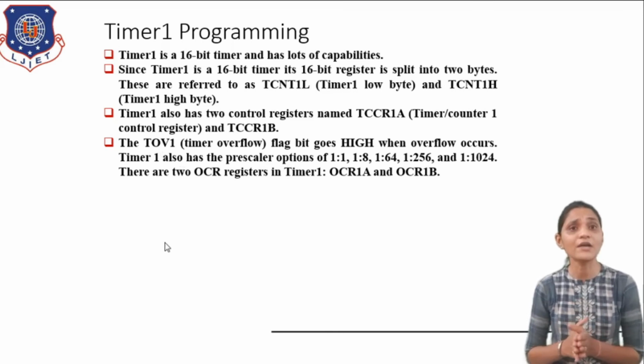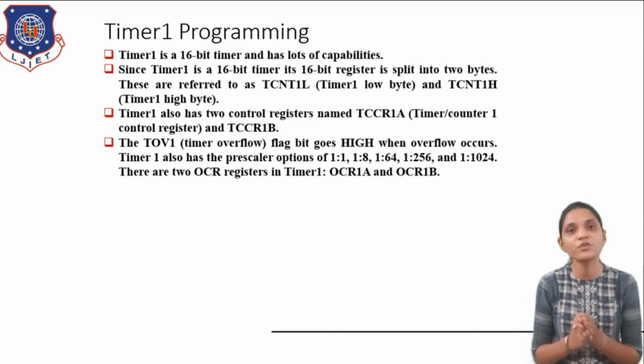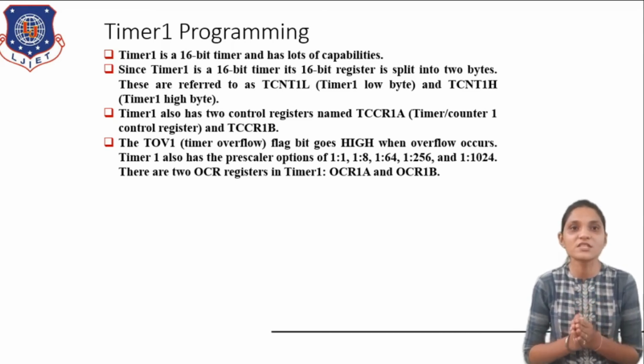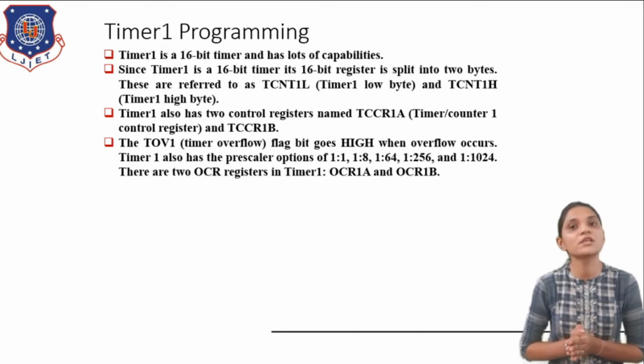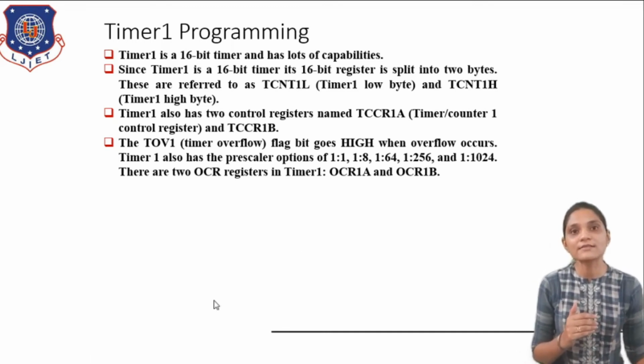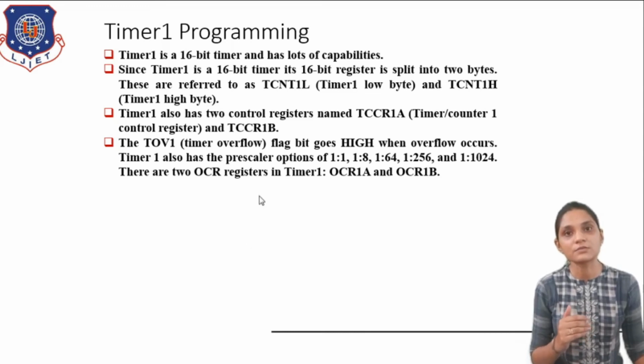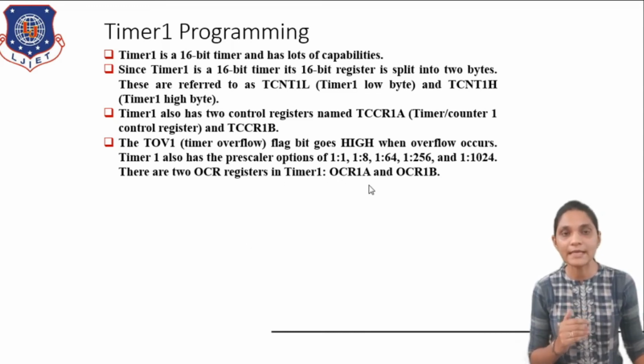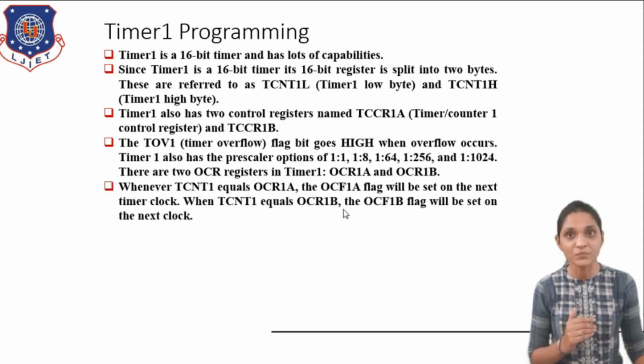It will be set to high when the overflow occurs, and timer 1 has prescaler options like 1/1, 1/8, 1/64, 1/256 and 1/1024. And there are two OCR registers available, the output compare registers OCR1A and OCR1B.